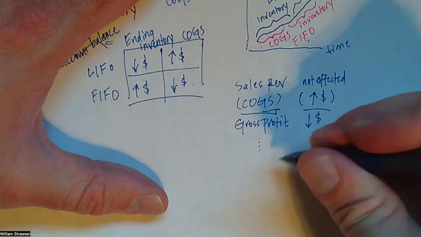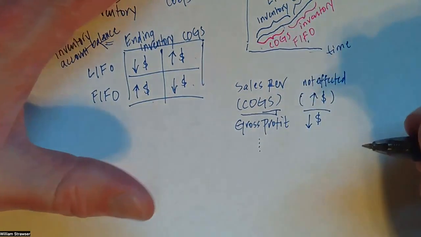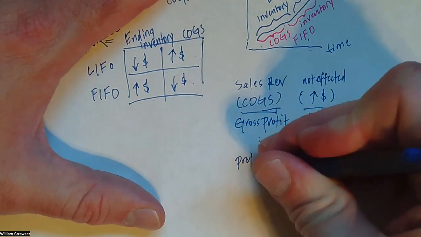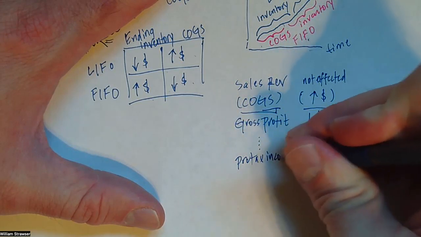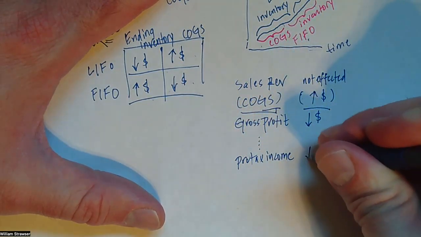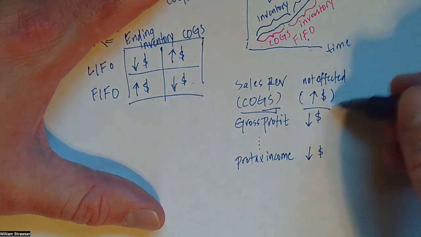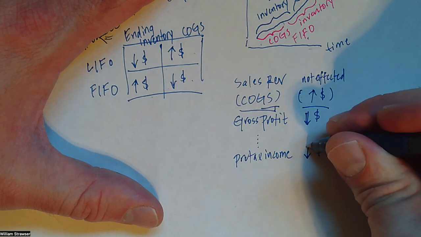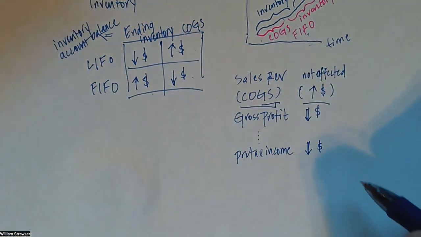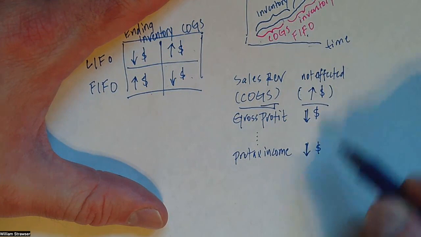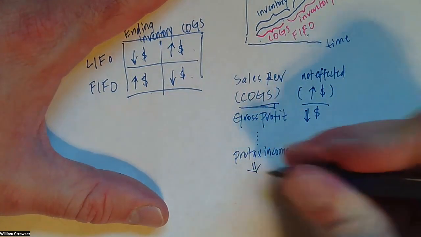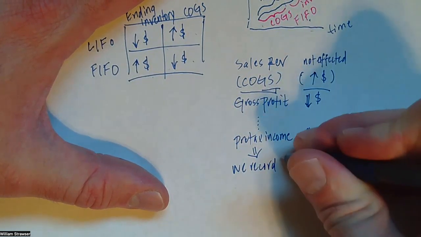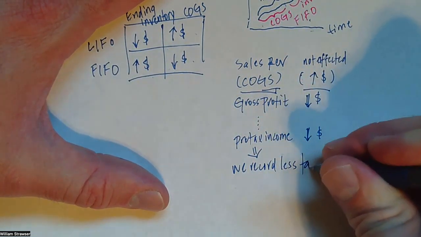Now this will carry forward, right? We subtract operating expenses, we subtract non-operating items, we get pre-tax income. That pre-tax income will still be lower because we reported higher cost of goods sold. So I'm just short of showing you how the effect will continue down to this point, where if we have lower pre-tax income, we record less tax expense.